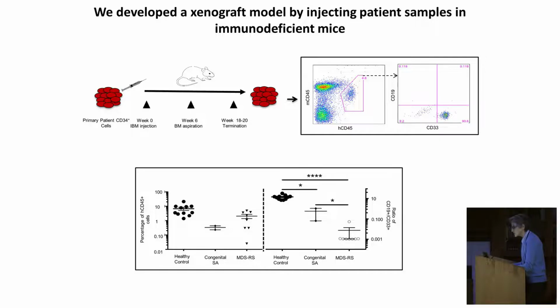Clearly when you use adult age-matched donors, you never get to this level, and I just wanted to mention that because in the majority of cases we have at best 10%.